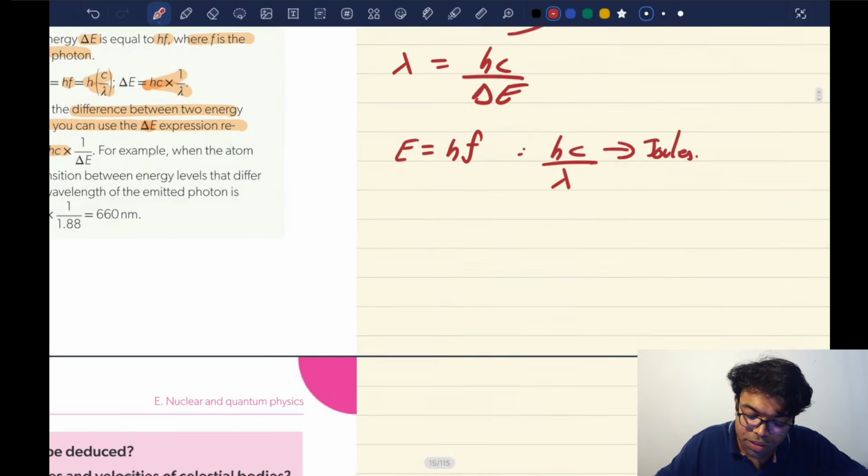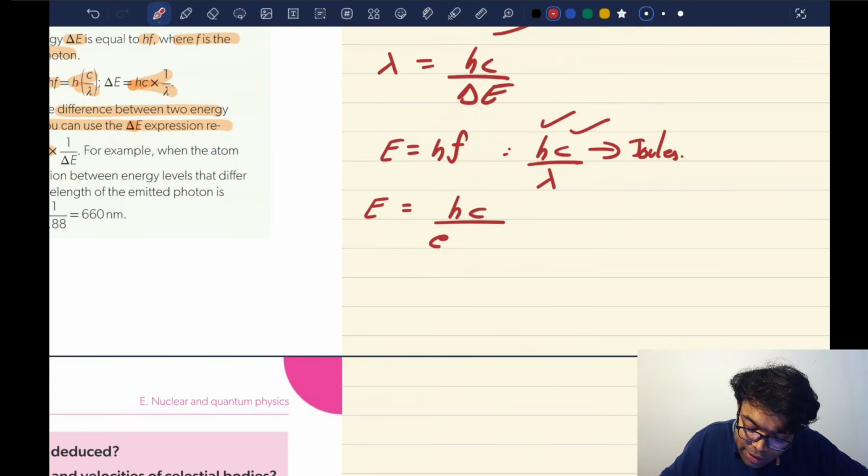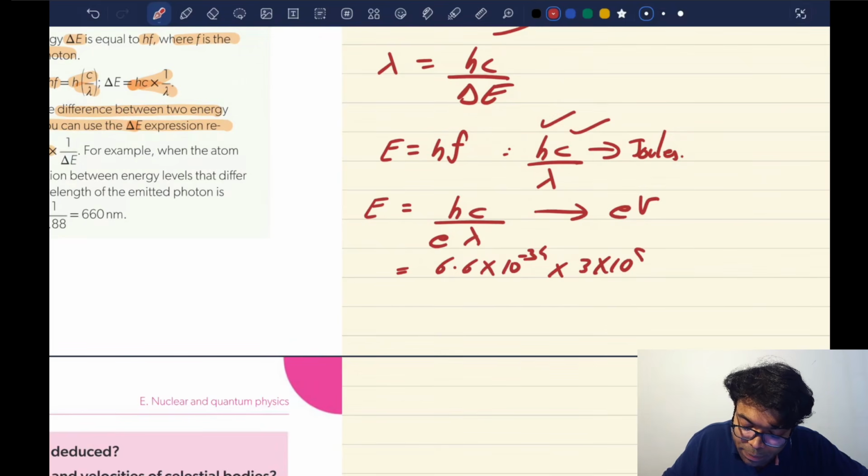If I know the value of h and the value of c, can I do energy is equal to hc upon e lambda? This will be energy in electron volts. So h is equal to 6.6 into 10 to the power minus 34, into 3 into 10 to the power 8, upon 1.6 into 10 to the power minus 19 lambda.